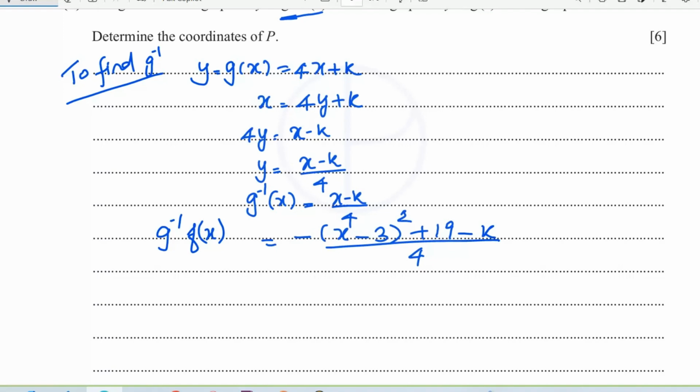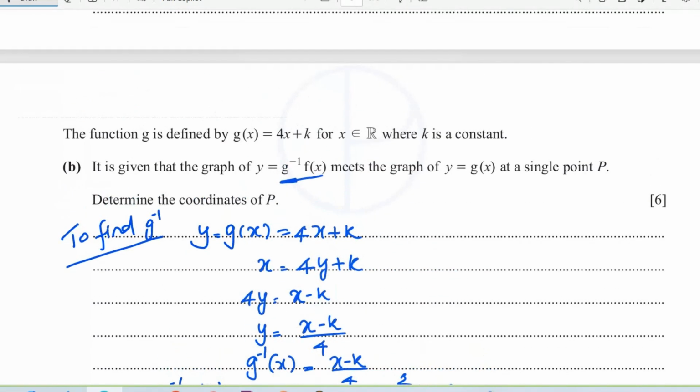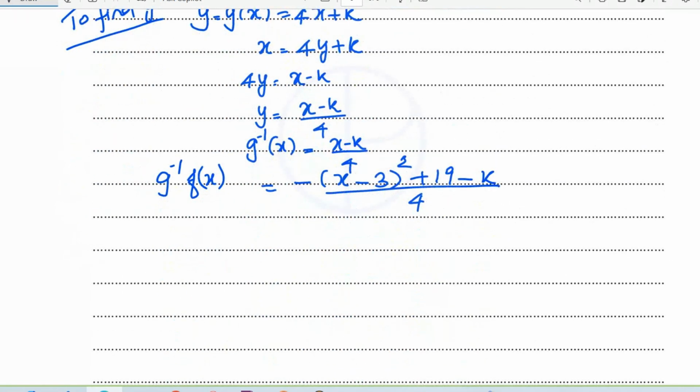And it's given this curve meets the graph of y equal to g of x. So we can equate this with g of x, which is 4x plus k. These two curves meet.